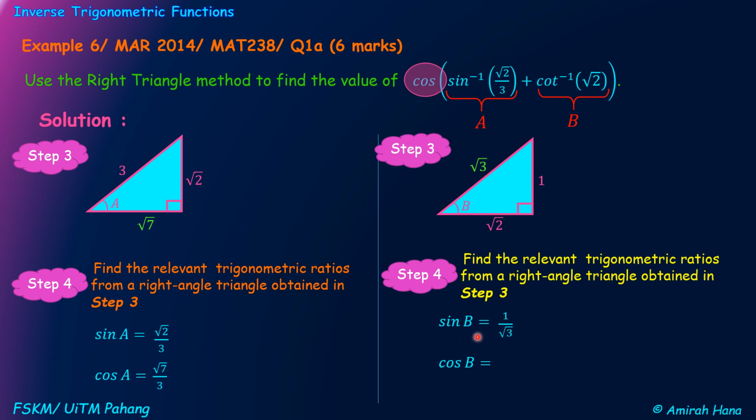Then sin B equals 1 over √3, which is opposite over hypotenuse, and cos B equals √2 over √3, which is adjacent over hypotenuse. So from step 4, our relevant trigo ratios are sin A, cos A, sin B, and cos B, so that we can substitute into the formula for cos(A + B).